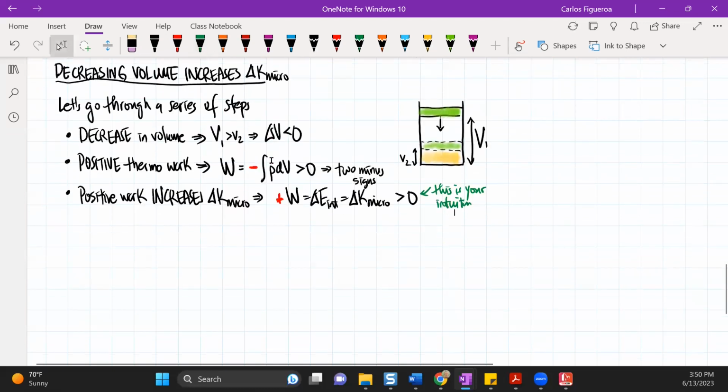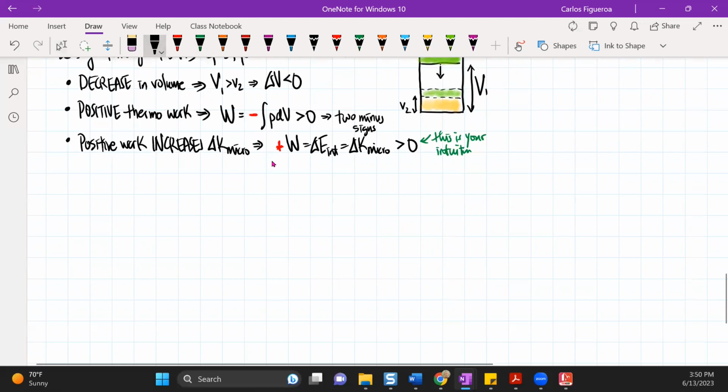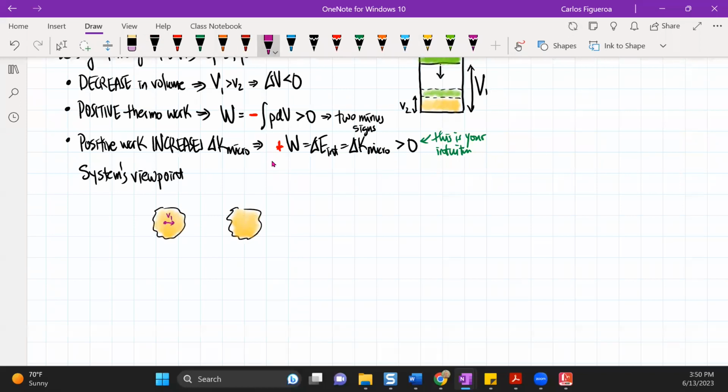And to see why this is your intuition, take a systems viewpoint. If I take a systems viewpoint, what I see here is that I have a gas. That gas is going to have work done on it. From what we just said, we start off with a low kinetic energy or a low initial speed, and then this increases in kinetic energy.